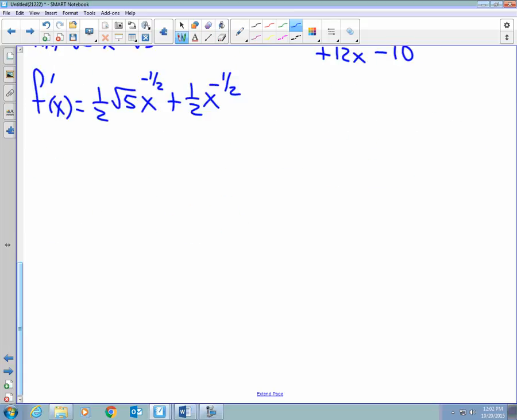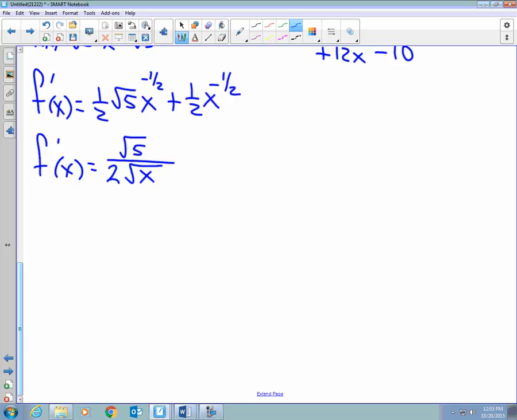Good. I don't want negative exponents. What's in the numerator? Square root of 5 over what's in the denominator? 2 roots of x.